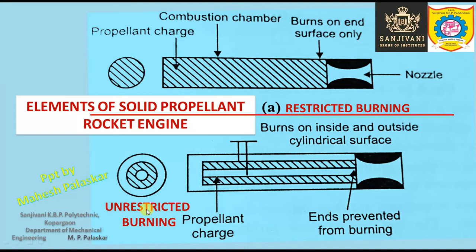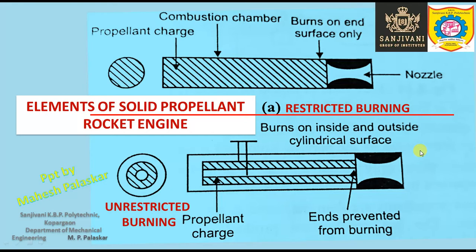This other one is the unrestricted burning type solid propellant rocket engine, and here the propellant also has the shape of a cylinder, but like a hollow cylinder, and it can burn along the outer surface as well as the inner surface. So this is the propellant charge in the form of the hollow cylinder. These ends are prevented from burning, but the inner as well as outer surface can burn. So it burns on the inside as well as the outside cylindrical surface.